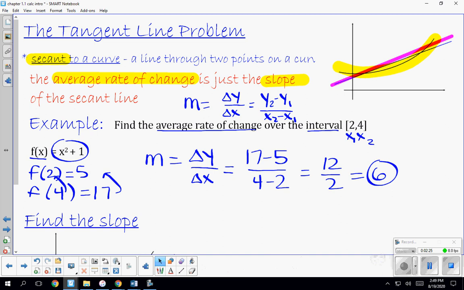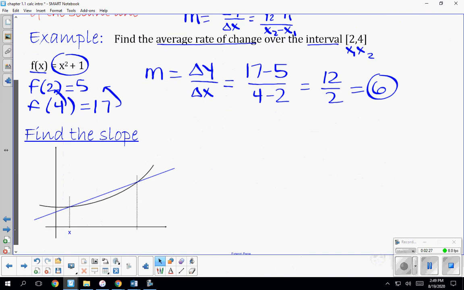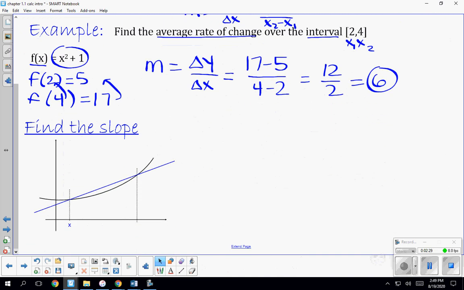Okay? We can extend this to working with variables only. A lot of the ugly symbols you're going to see in this course mean very simple things. So if we were to look at this as being x, and I increase that by just a very, very little bit, again, we're going to use delta. Delta means some small change. So I'm starting with x, and I'm increasing it by just a little bit.